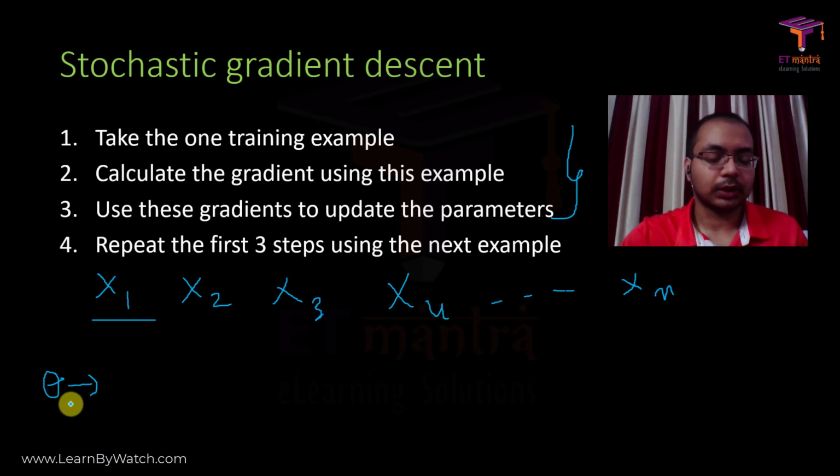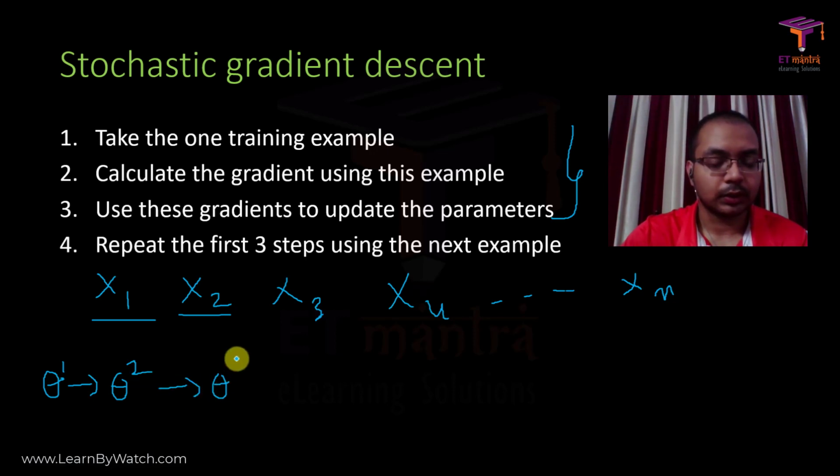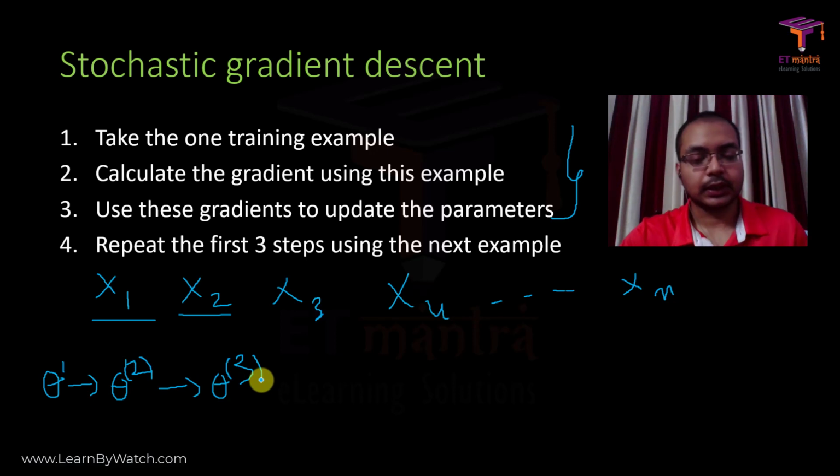Suppose theta becomes, from theta 1 it has now become theta 2. Then we take the second example and then we update theta 2 to theta 3. These are not square and cube, but just a way of denoting theta, that theta has been updated.